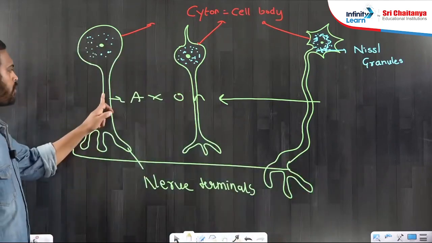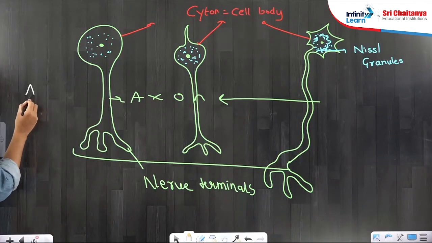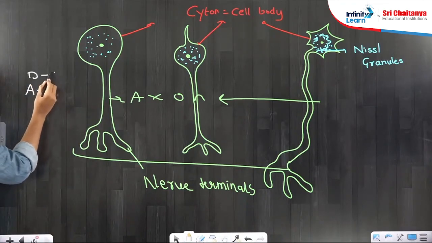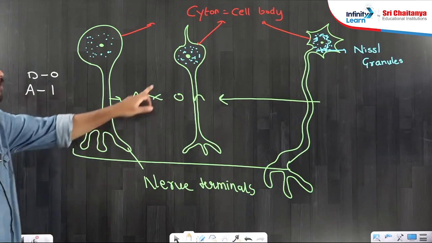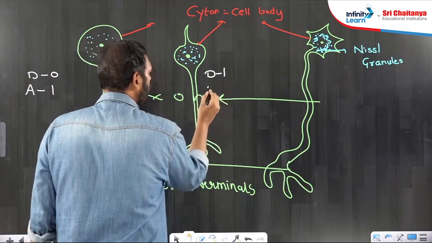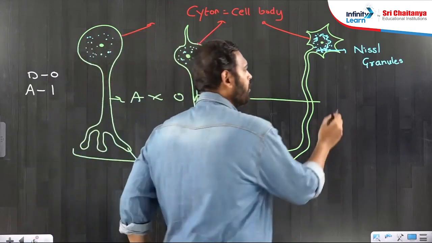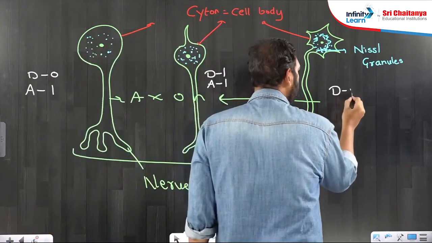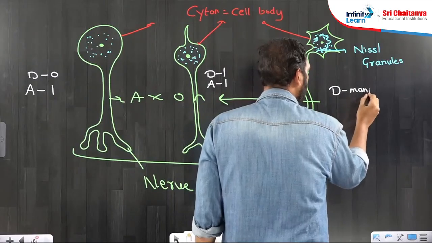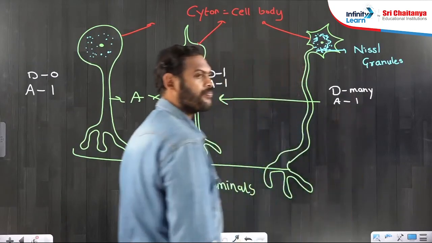Now, this is a neuron with one axon and no dendrites. This is a neuron with one dendrite and one axon. This is a neuron with many dendrites and one axon. Done.